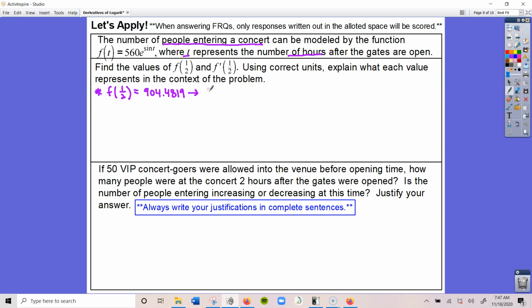This means that after 30 minutes, because t is 1/2, 904 people. Notice that I'm not using the decimal because this represents people. So since it's 904.4, I'm not going to round. It's a total of 904 people have entered the concert.